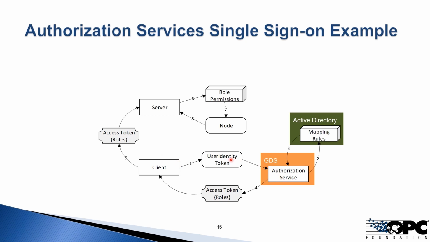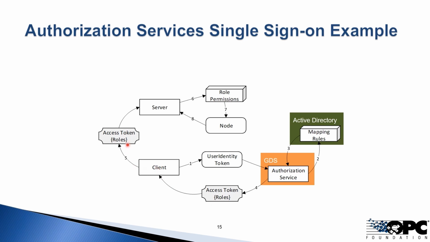So this step doesn't per se really happen. The client already has the user identity token that he needs because the machine has already been logged into by the user. So that token is passed to the authorization service, which in turn talks to Active Directory to get the roles that were assigned to that particular user, creating the access token with the roles.